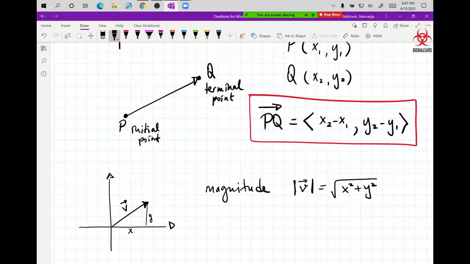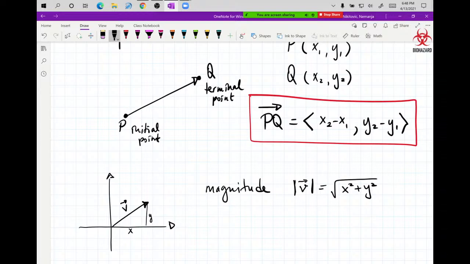So once you have this magnitude, you can look at the direction, and that's going to be the angle that the vector has towards the positive axis.